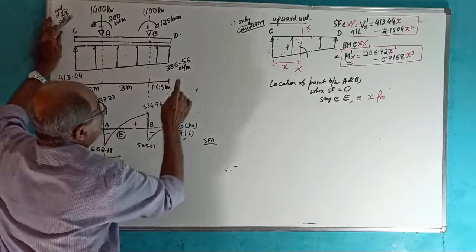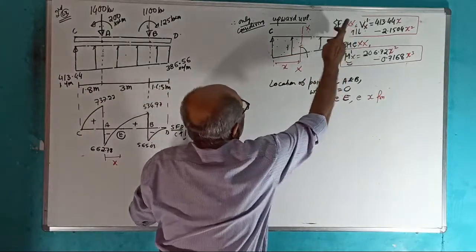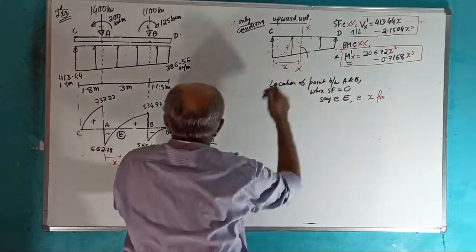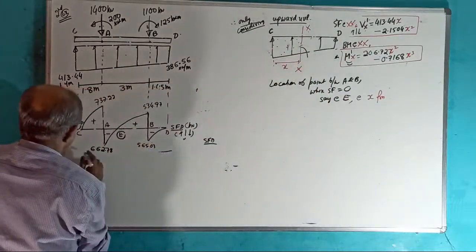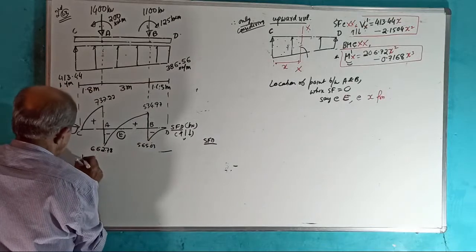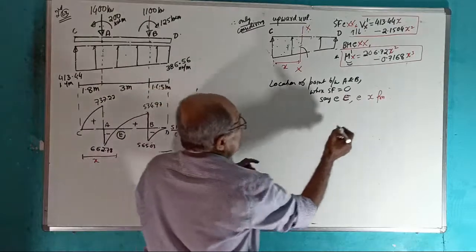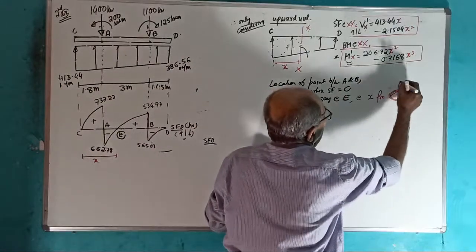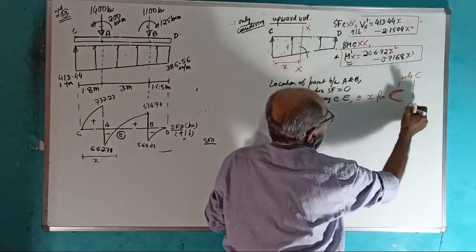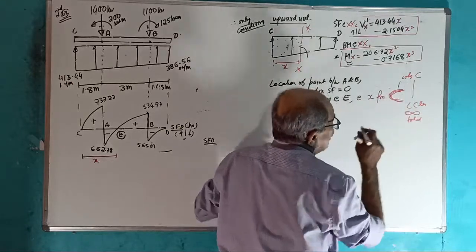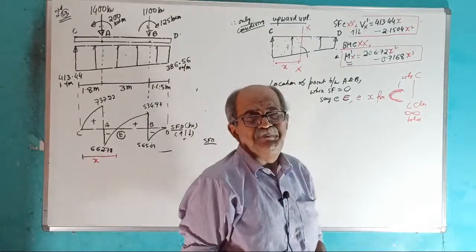So I told you, this equation V dash x is valid for any section x from C. Therefore, take x from C. Remember, x from C. Why C? Last class, I told you repeatedly.